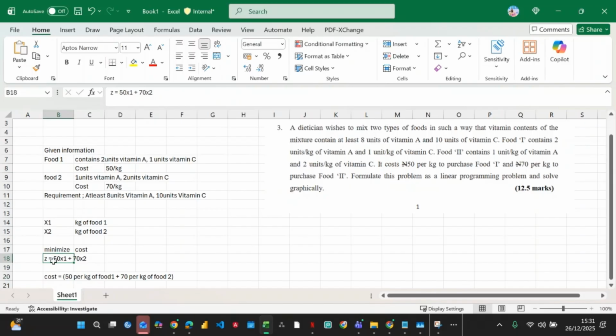Do you understand? This is just what the objective function is telling us.